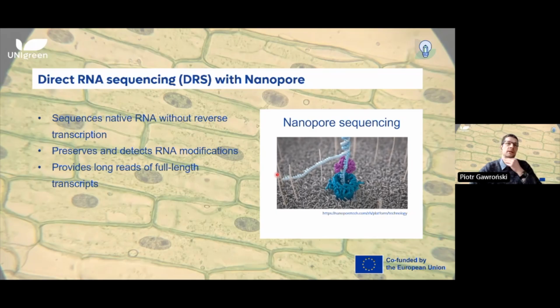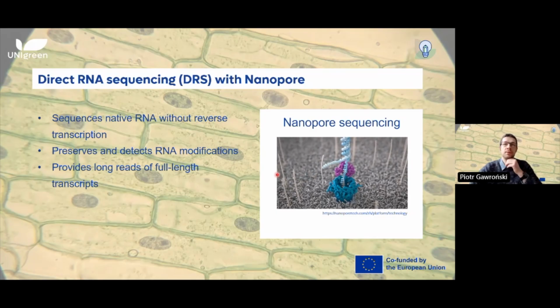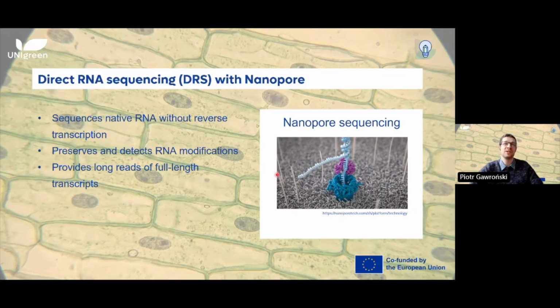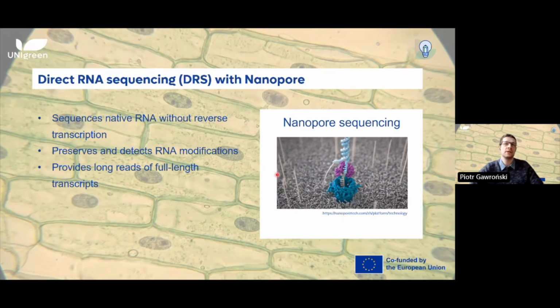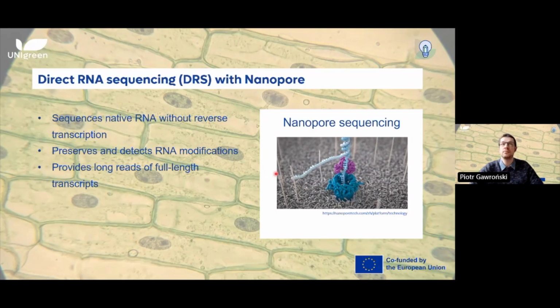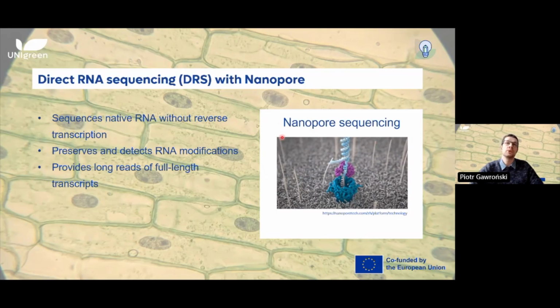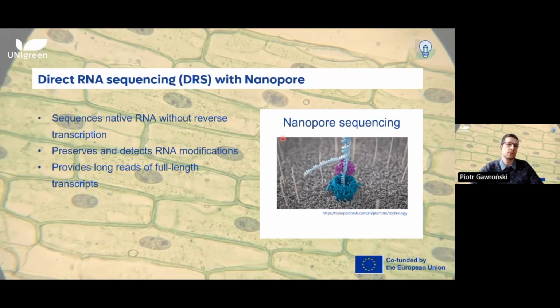And importantly, at present, this approach is not yet optimized for tRNA sequencing. However, recently there was a paper in Nature Biotechnology showing for the first time that the nanopore can be used for transfer RNA sequencing.